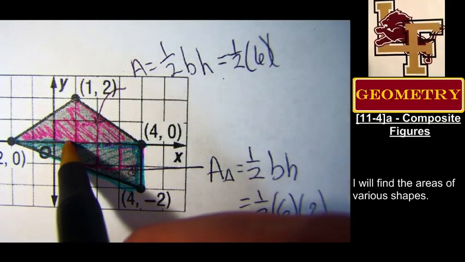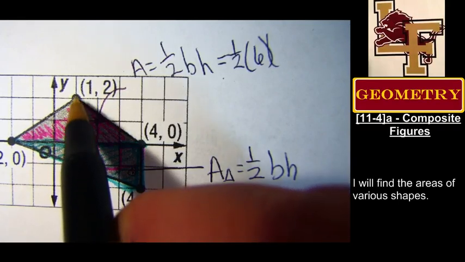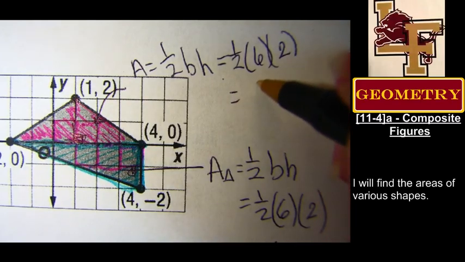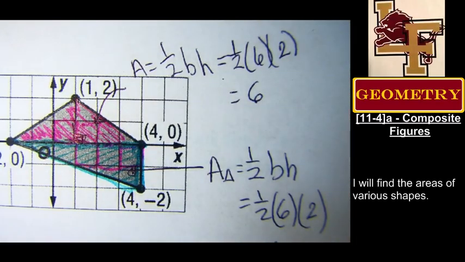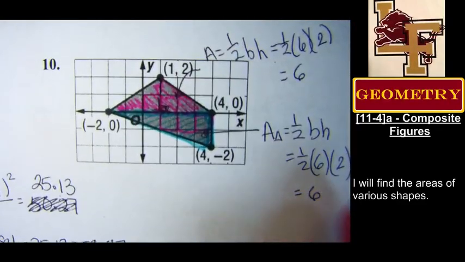Because if I look right here, here's where I have a line 90 degrees to the base that goes to the other corner. That's the height. So the area of the entire figure is? 12. And we're done.